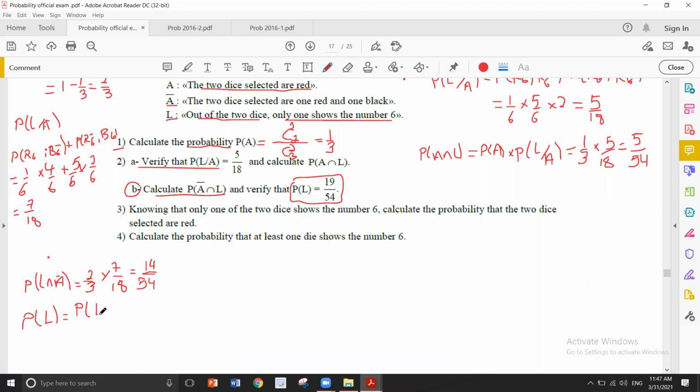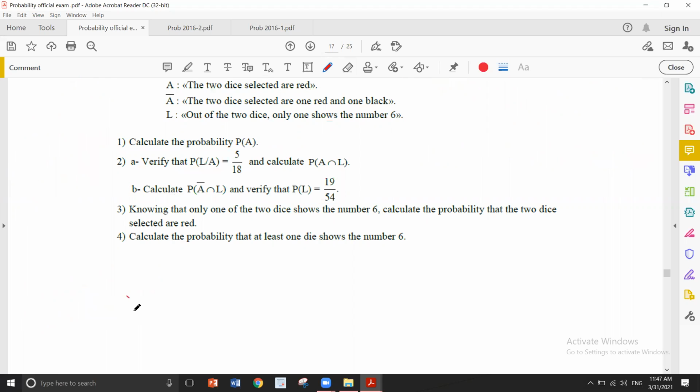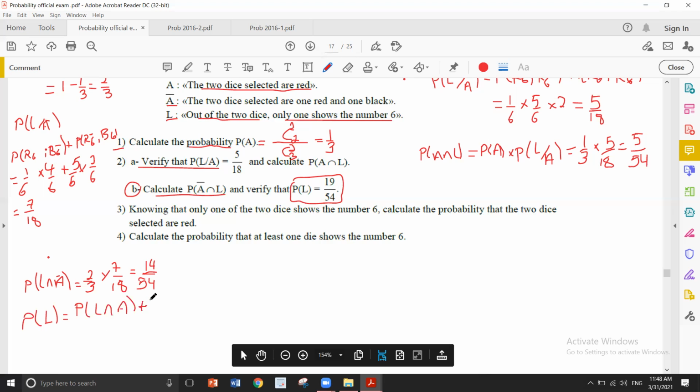I use the rule of total probability. L intersection A plus L intersection A bar.